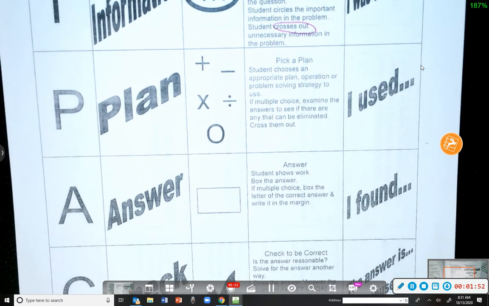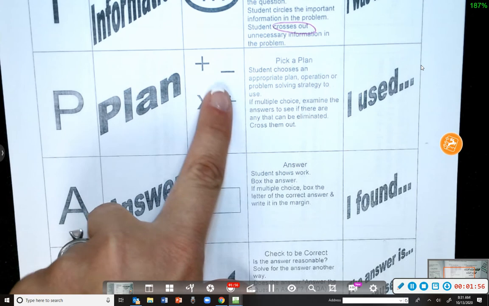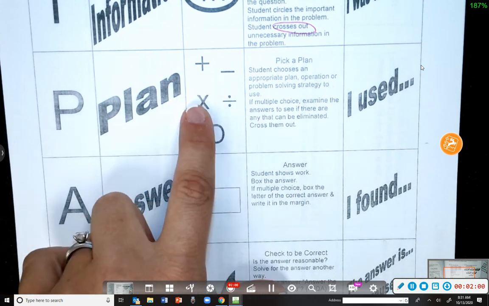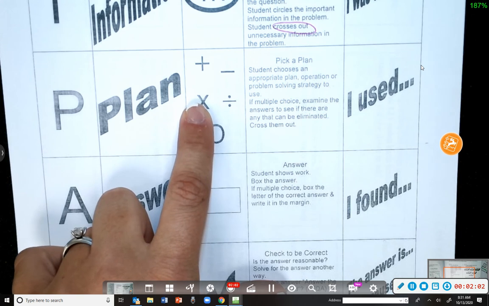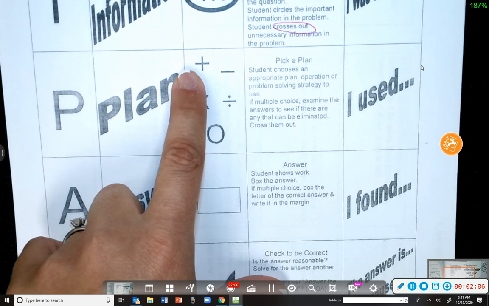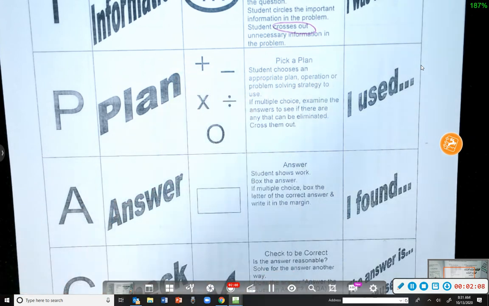Plan. Pick a plan. So that means, am I going to add, subtract, multiply, divide? What I usually like to do is put the symbols in the problem, and I can look back and see, okay, I put a plus sign here and a minus sign here. That must mean I need to do 2 things in this problem. It's a multi-step problem, okay?